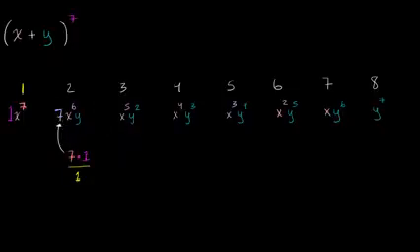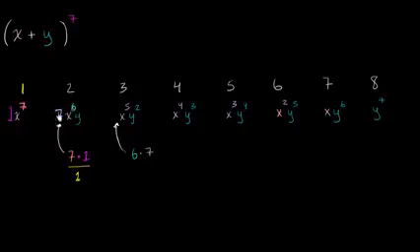Now what about this one? Well, we use the exact same process. It is going to be the exponent on the x term, which is 6, times the coefficient of the previous term, so times 7.